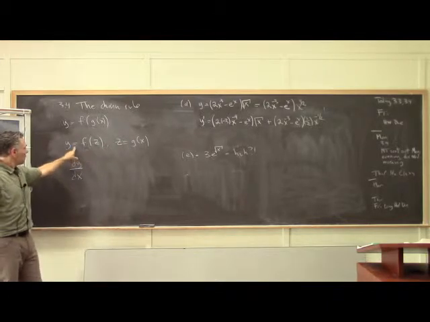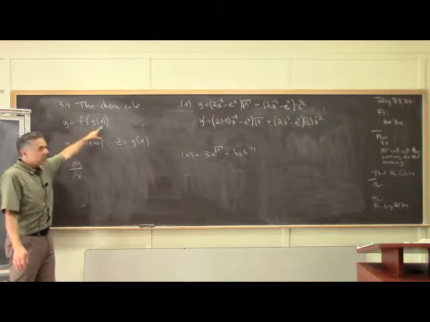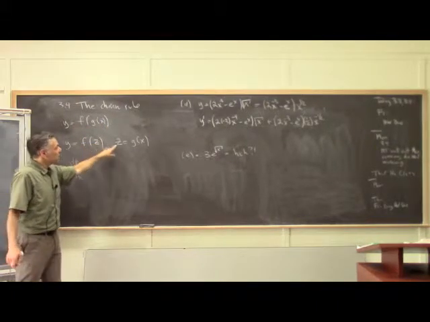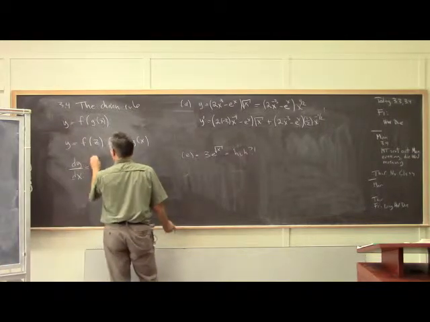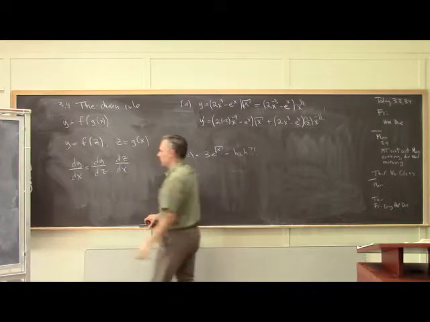And so we want to know, how does y depend on x? Well, there's this chain we have to go through. Y depends on z, and z depends on x. So we could write that dy/dz times dz/dx.